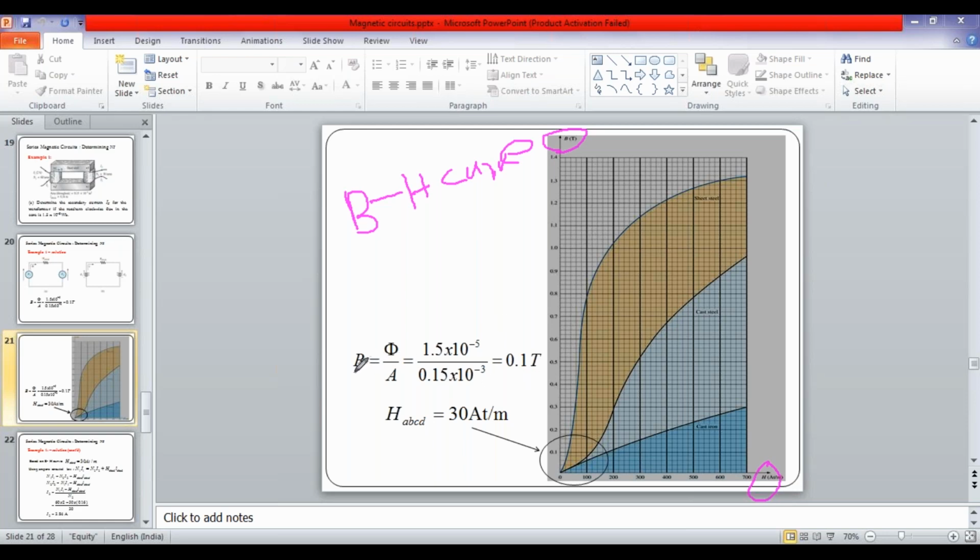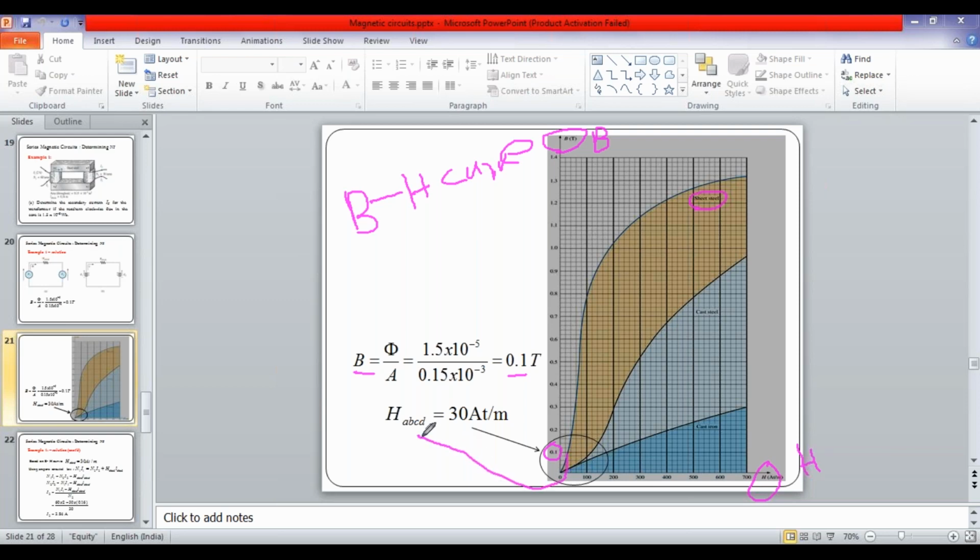In this graph, the y-axis is flux density and the x-axis is the field intensity H. For the calculated value of B equal to 0.1, corresponding to the type of material, sheet steel as given in the problem itself, you can draw a line up to the x-axis.